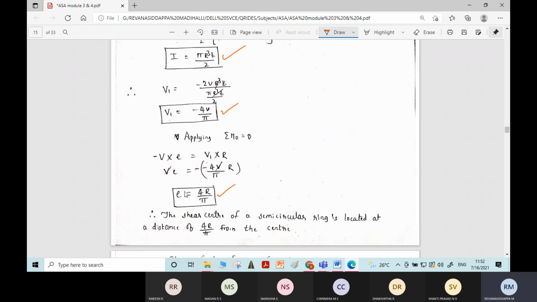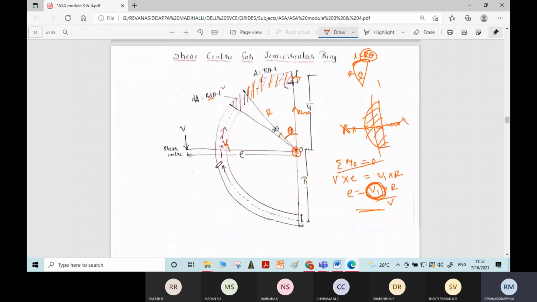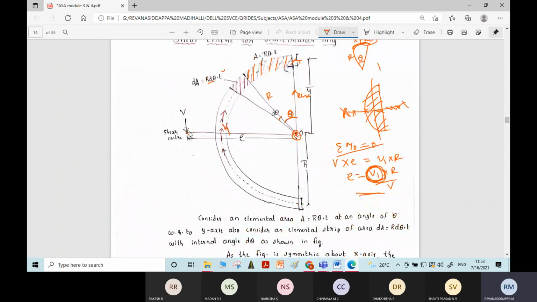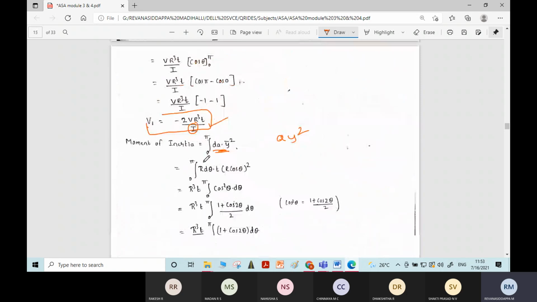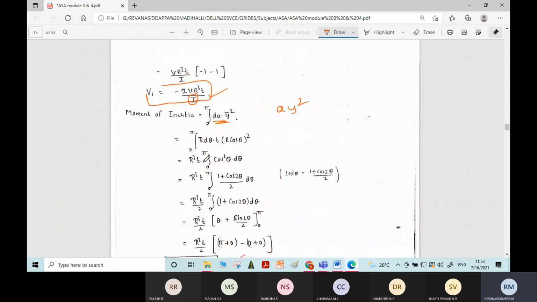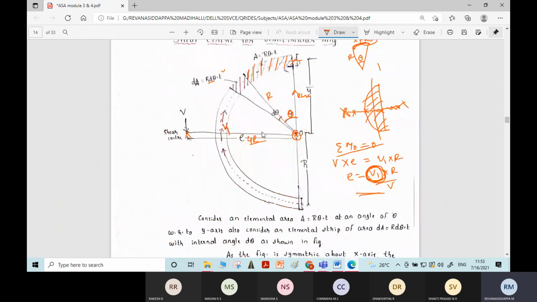That means you have located the distance of the shear center from the center of the semicircle: the shear center E of the semicircle will lie at a distance of 4r by pi from the center of the circle.